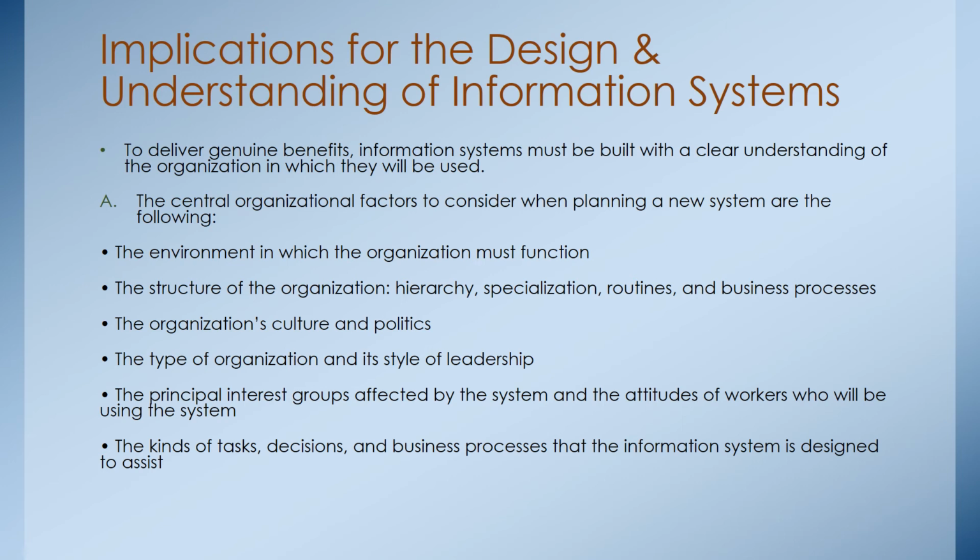The central organizational factors to consider when planning a new system are the following: the environment in which the organization must function; the structure of the organization, such as hierarchy, specialization, routines and business processes; the organizational culture and politics; the type of organization and its style of leadership; the principal interest groups affected by the system and the attitudes of workers who will be using the system; and lastly, the kind of tasks, decisions, and business processes that the information system is designed to assist.